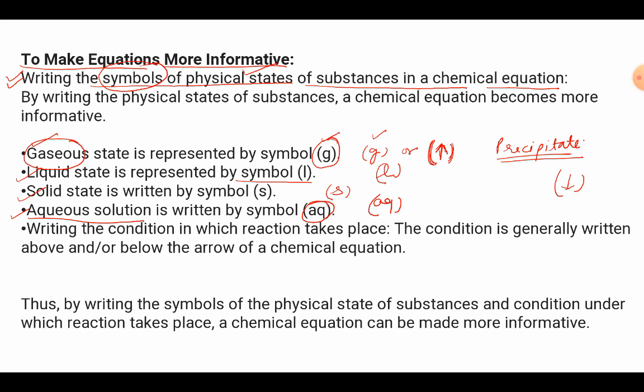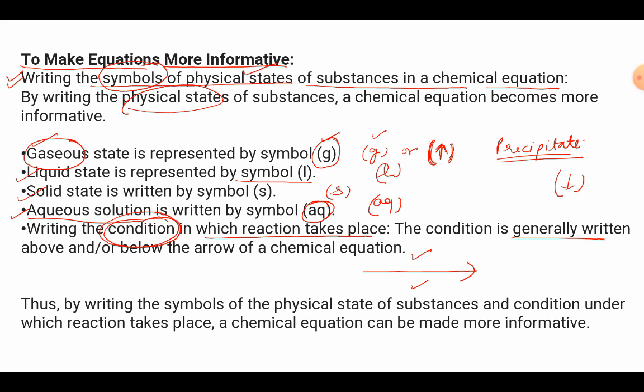Then apart from the physical state, we can also write the conditions, like what is the temperature, what is the pressure, do we need sunlight for it, whether we need high pressure or low pressure. All these things are called conditions. So the pressure, temperature, and sunlight requirement can also be written, and they are generally written either above the arrow or below the arrow.